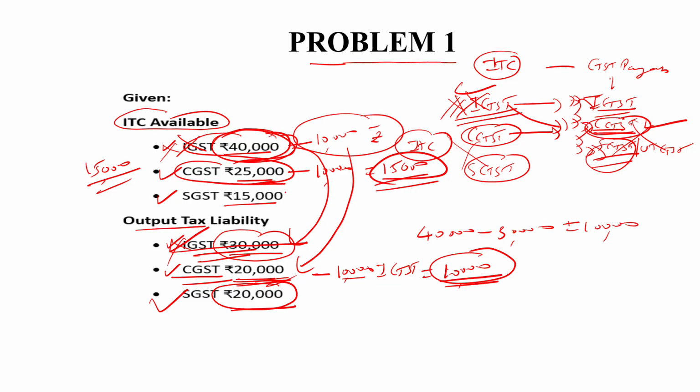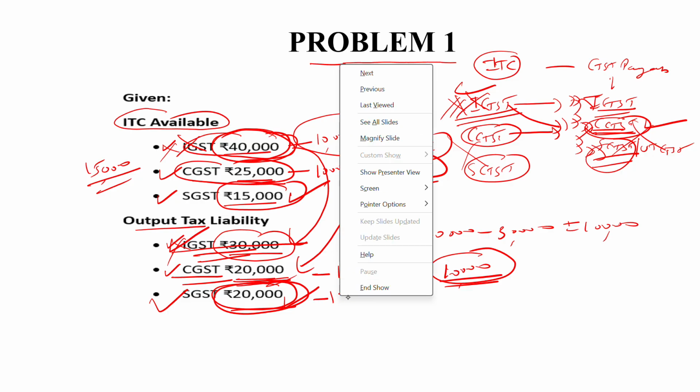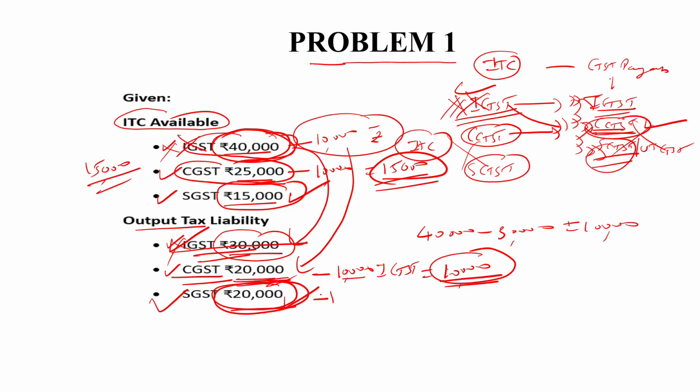Now we will go to the third one. SGST credit is 15,000, but our liability is 20,000. So we have a credit of 15,000, but we need to pay 20,000 to the government. So 20,000 minus 15,000, 5,000 is still remaining. This 5,000 needs to be paid by the businessman through the cash ledger.